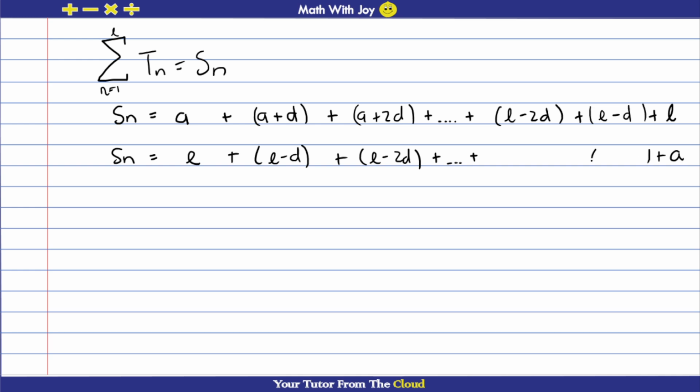And then we have the second term, remember the second term is a plus d. And we have the third term, and the third term will be a plus 2d. And that's what we have.